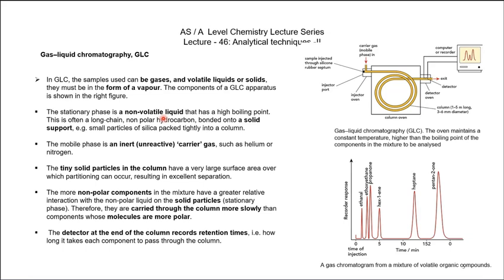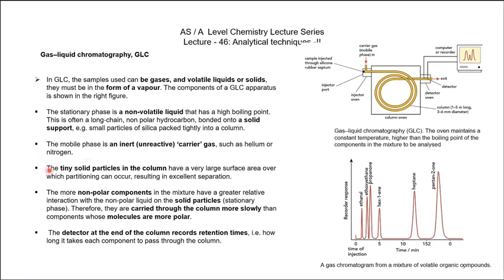Long chain non-polar hydrocarbons, coated onto a solid support, silica, packed tightly into the column. And then the mobile phase is an inert, unreactive gas, which is called the carrier gas. This is sometimes helium or nitrogen. Helium is costly, therefore in many cases we use nitrogen.